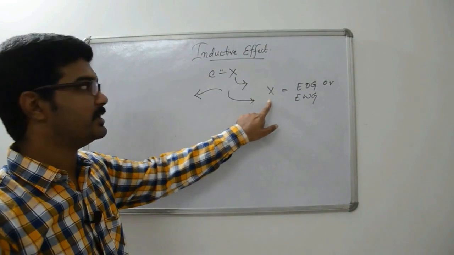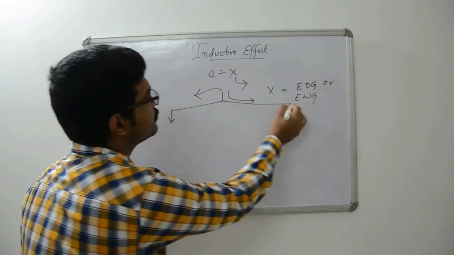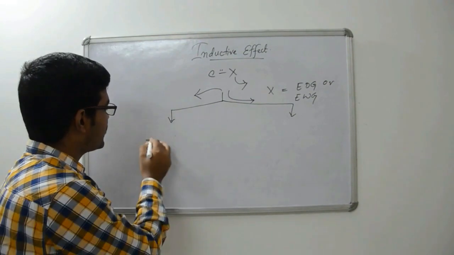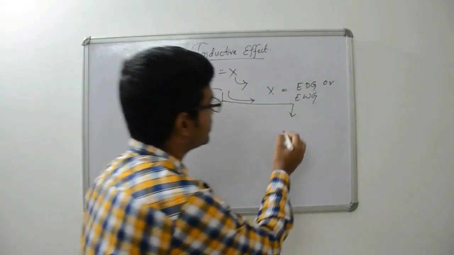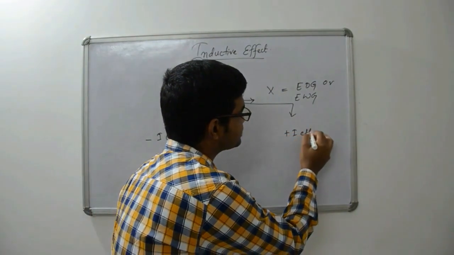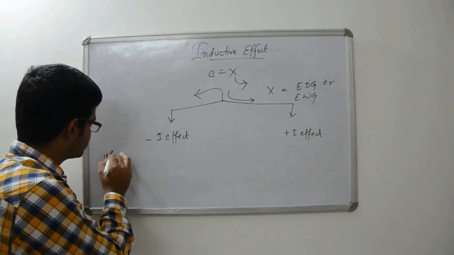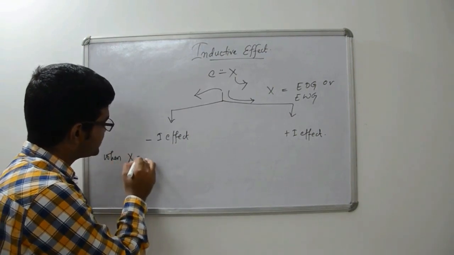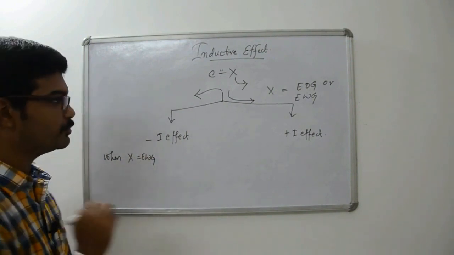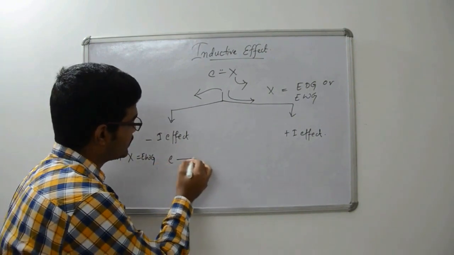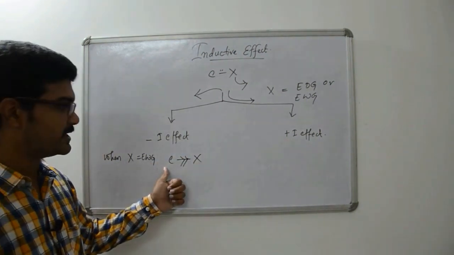Depending on this property, inductive effect can be classified into two categories. One is called minus I effect, another is called plus I effect. When X is an electron withdrawing group, then it draws the electron from this carbon chain.